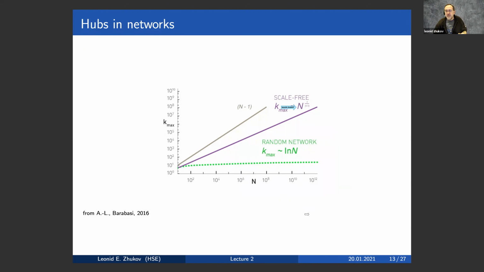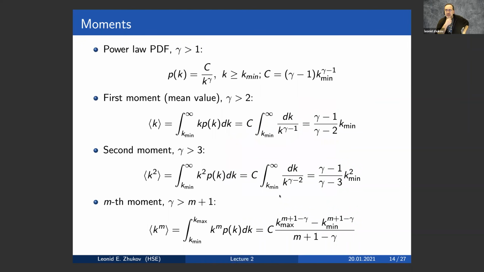Here, the point is, from observing the graph, you realize that in power law networks, the degree of the largest nodes grows very fast and can be very large compared to a random network. Now, but that's not all. There are actually other very specific properties, I would even say strange properties, that power law possesses. So let's take a look at this.